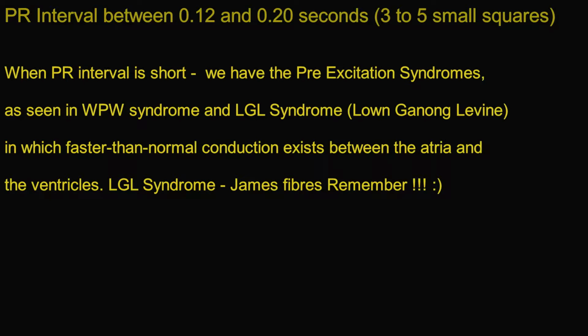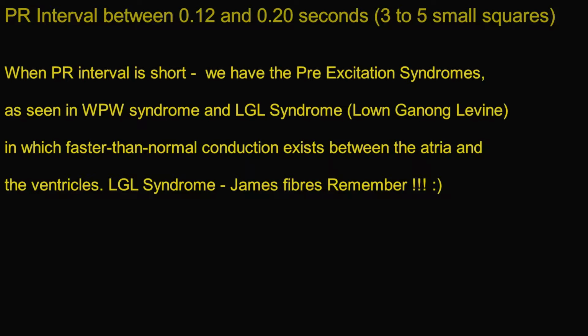When the PR interval is short, we have the pre-excitation syndromes, and we will discuss this in detail later on, but just to introduce this, we have WPW syndrome and LGL syndrome, Wolff-Parkinson-White syndrome and Lown-Ganong-Levine syndrome, in which faster than normal conduction exists elsewhere from the atria to the ventricles.